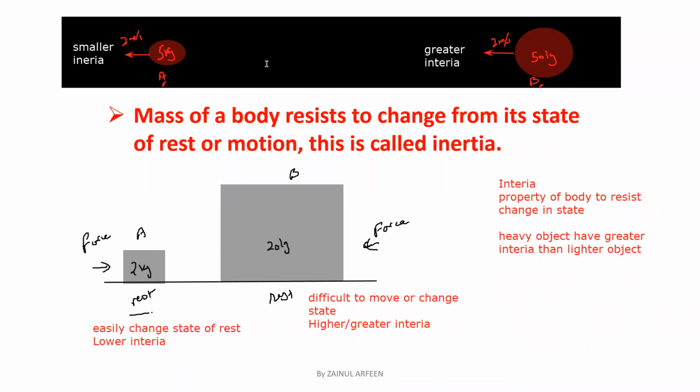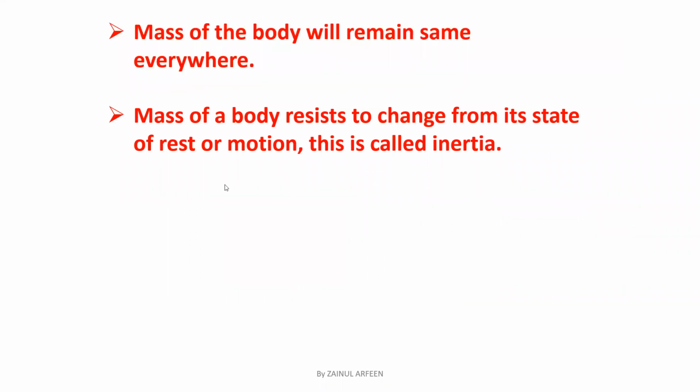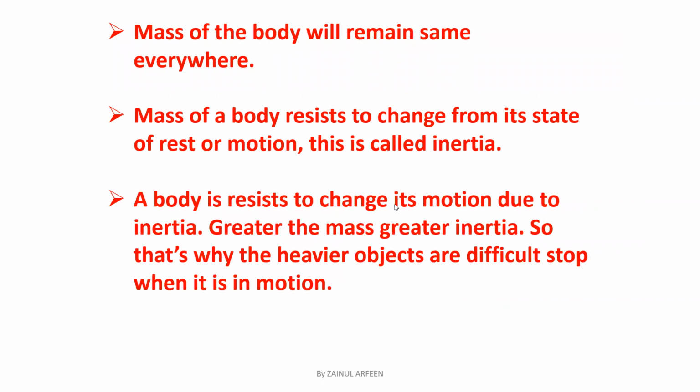So basically, inertia is a property of an object to resist the change in state, and the greater the mass, the greater the inertia. Is the concept of inertia of an object clear?